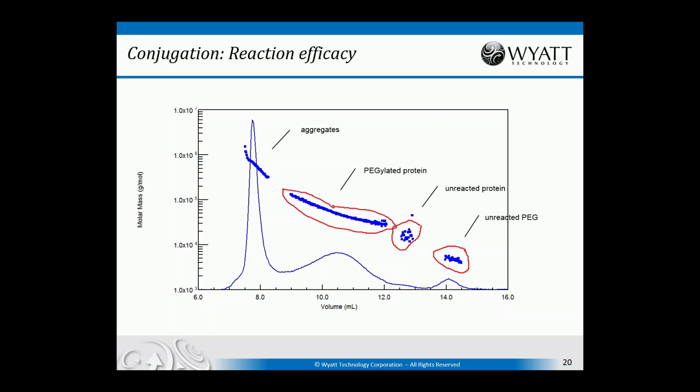So this is monomeric. Again, we identify the molecular weight of the protein and see that it is monomeric with heterogeneous PEG distribution. And finally, the aggregates, which have multiple proteins as well as many, many PEGs.